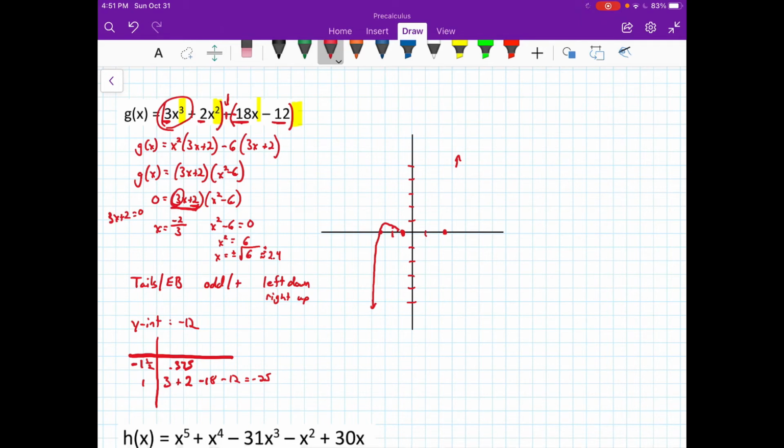The y-intercept was negative 12. So we're counting by 5s here. So there's the y-intercept. And at 1, it was at negative 25. It has to go through the zeros and has to go up. So there is the graph of g of x.